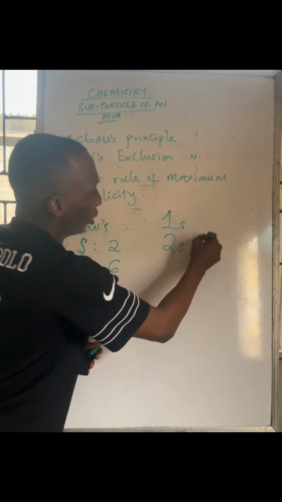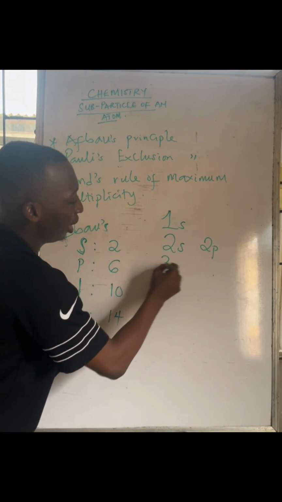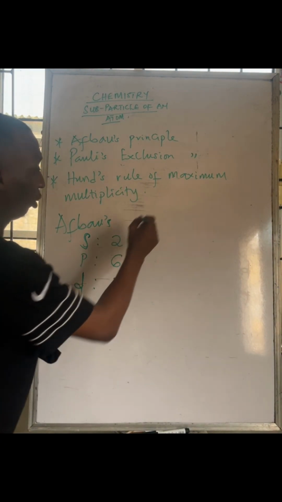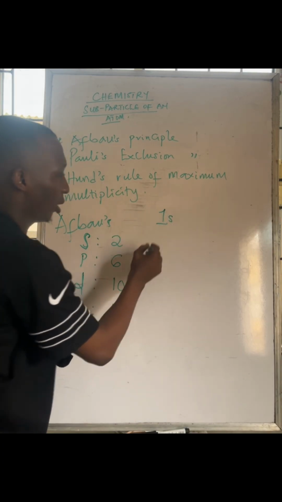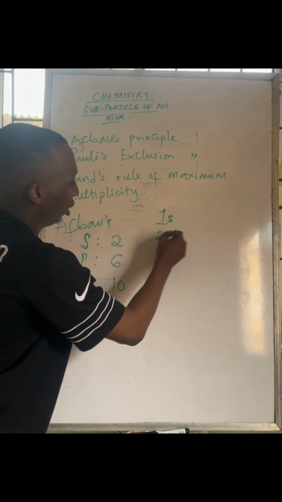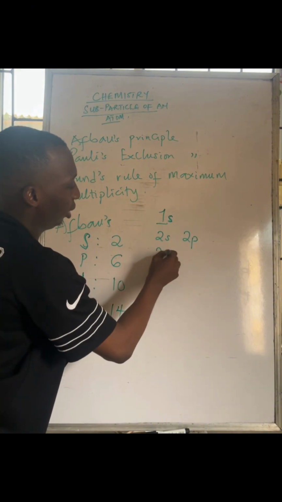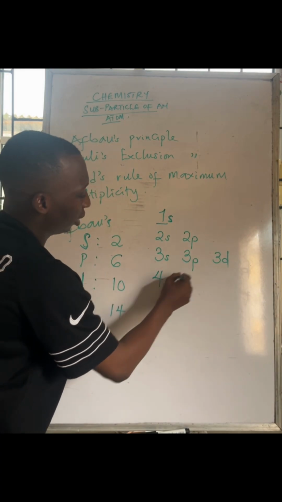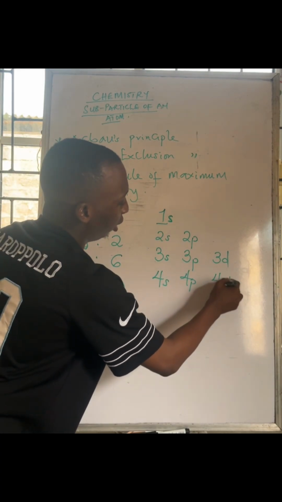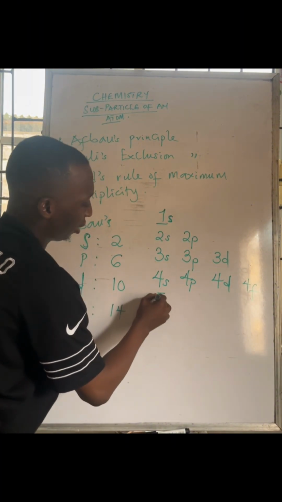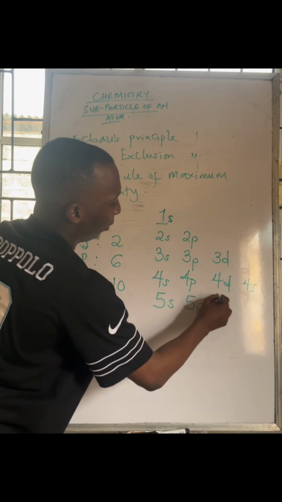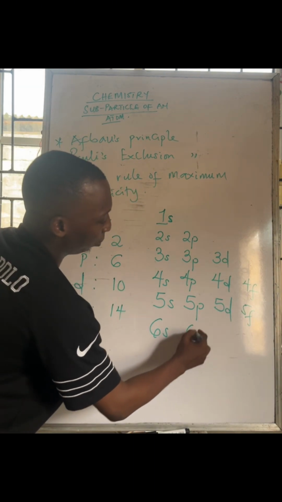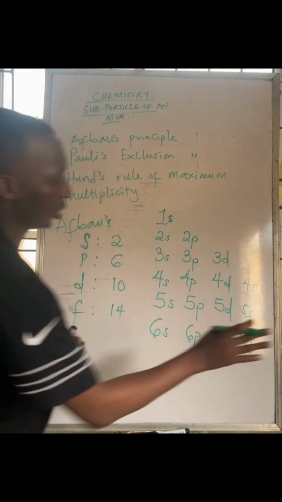We go from 1s down to 2s, 2p, 3s, 3p, 3d, 4s, 4p, 4d, 4f, 5s, 5p, 5d, 5f, 6s, 6p, 6d, 6f, and so on and so forth.